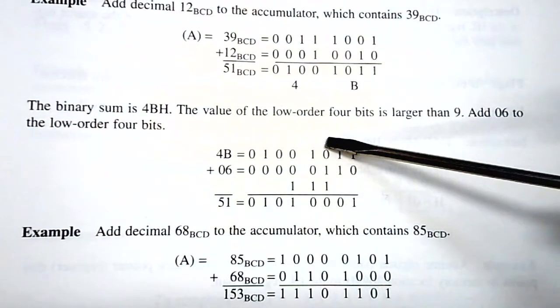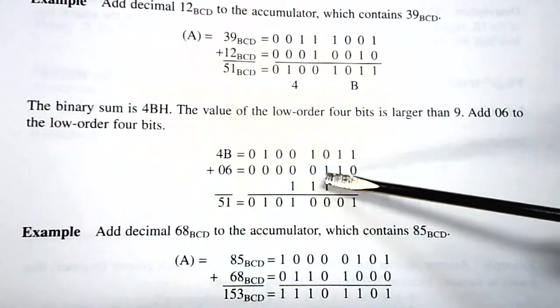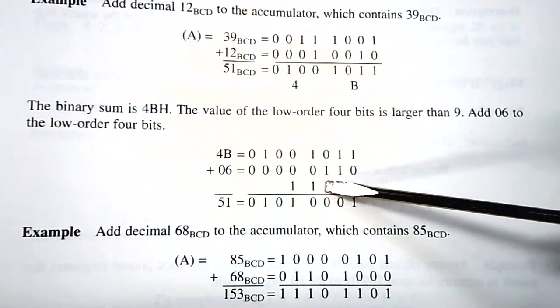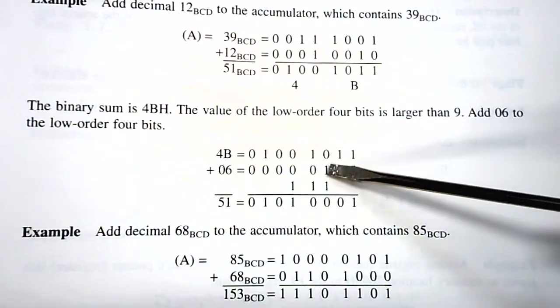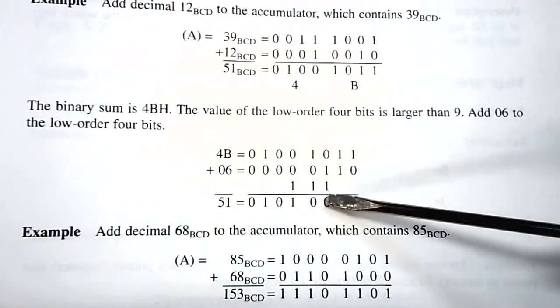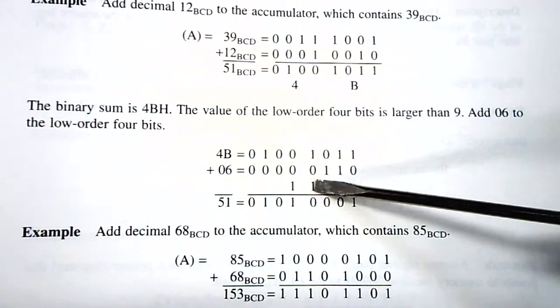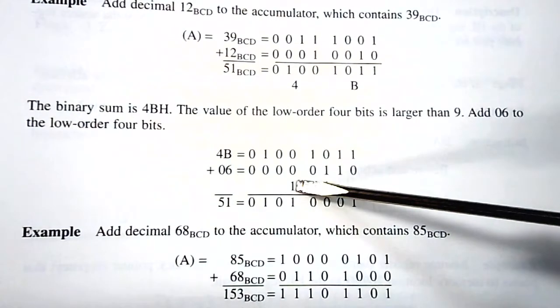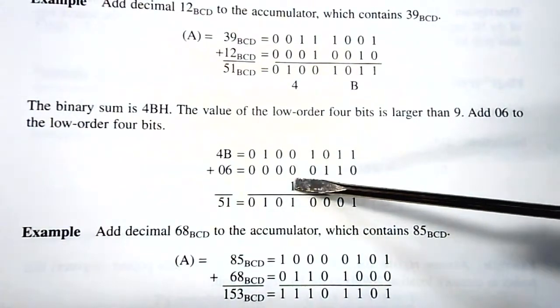Carry the 1. So it looks like they put the carry bit down here. So 1 plus the carry bit is 0. Carry the 1. 1 plus the carry bit is 0. Carry the 1. So that's the auxiliary carry they're showing right there.